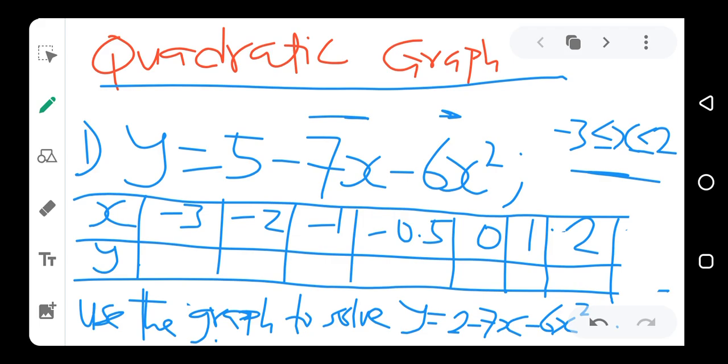So when we draw the quadratic equation, how we are going to get the root for the second equation is that we equate this second equation with the first equation. That is, we equate 5 minus 7x minus 6x squared to 2 minus 7x minus 6x squared.